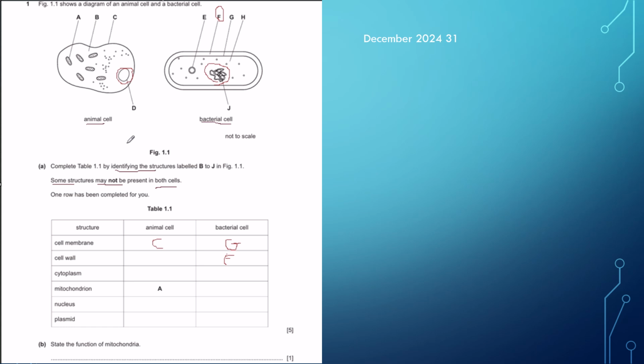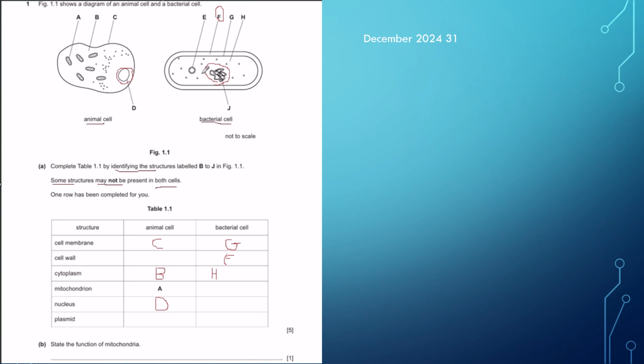Cytoplasm is in both here and here, so that will be B, and it will be R here. Mitochondria is already given. Then nucleus we can only find in the animal cell as a eukaryote.